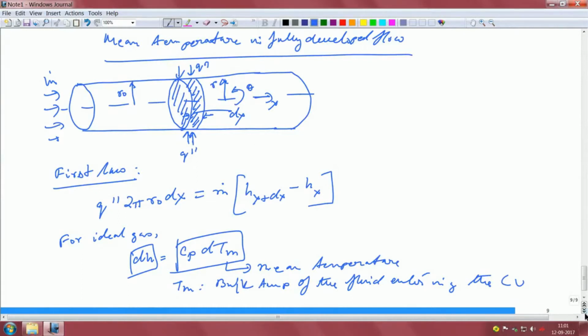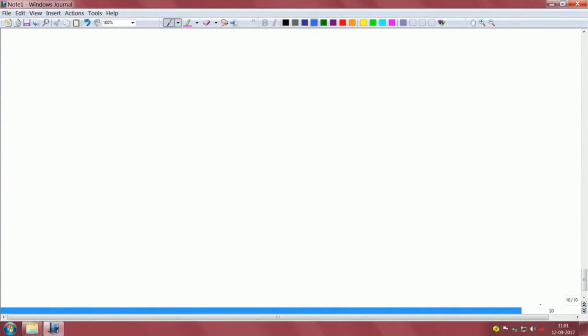So normally your temperature T would be a function of both x and r, right, and it is theta symmetric, okay. So therefore there is no variation with respect to theta, but with respect to x and r there would be a variation of the temperature, right.